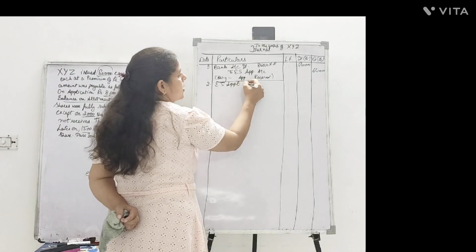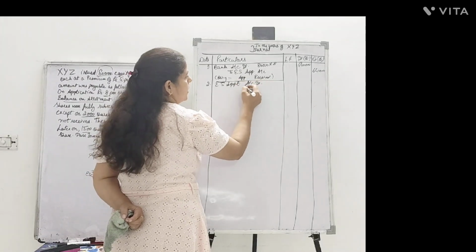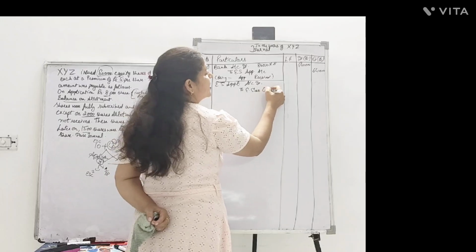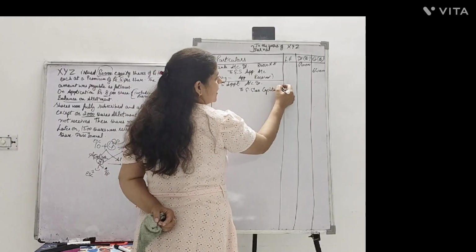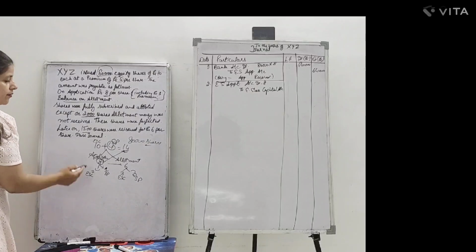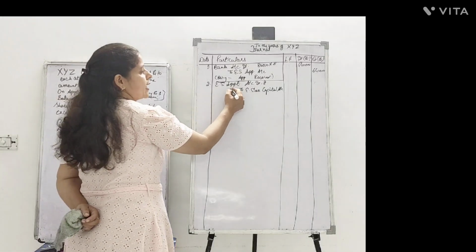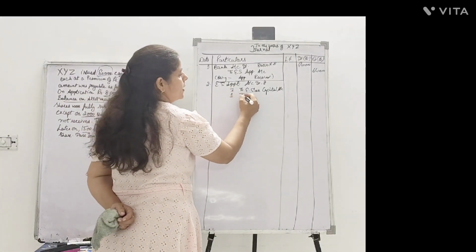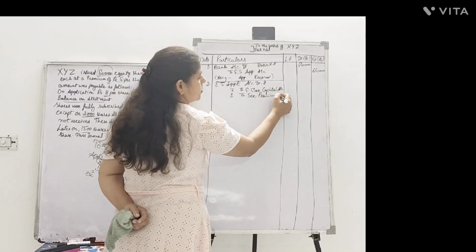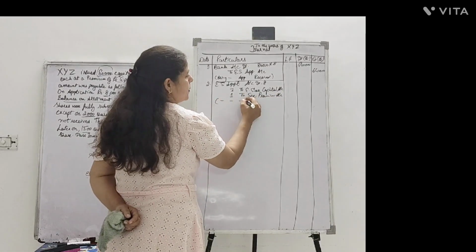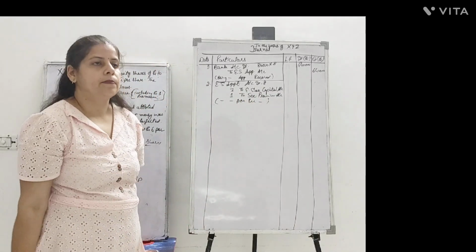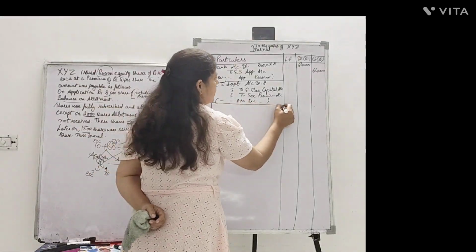Now this 6,40,000 is to be transferred to which account? Your application account is to be transferred to the capital account. And here 8 rupees was of the application: 7 rupees was of the capital, and 1 rupee was for the securities premium account. So being application money transferred to capital and securities premium account, this is your second entry.